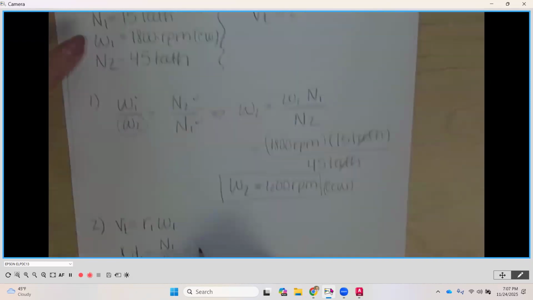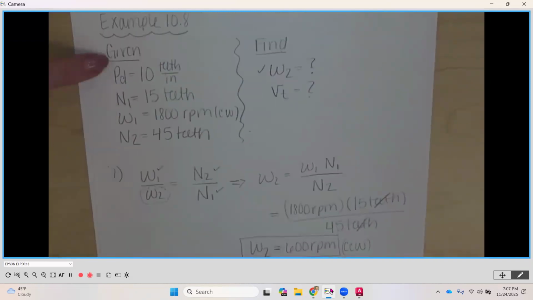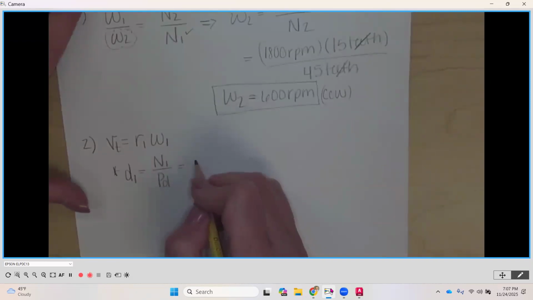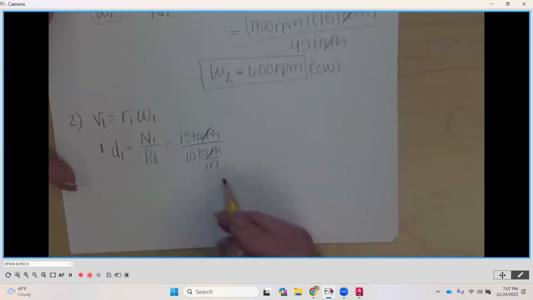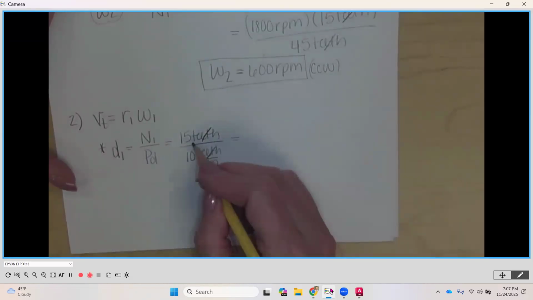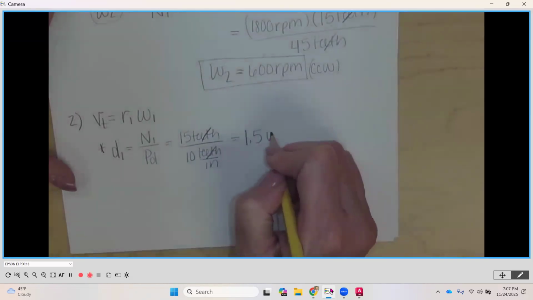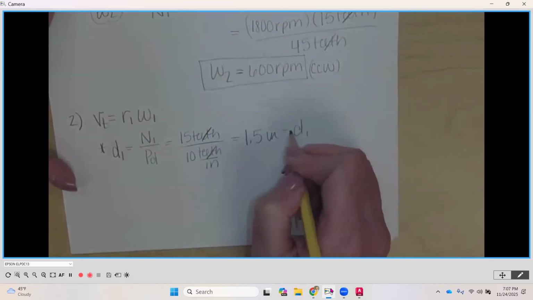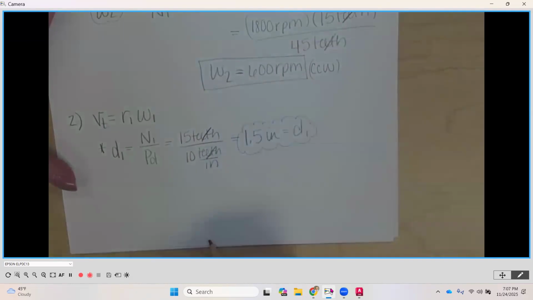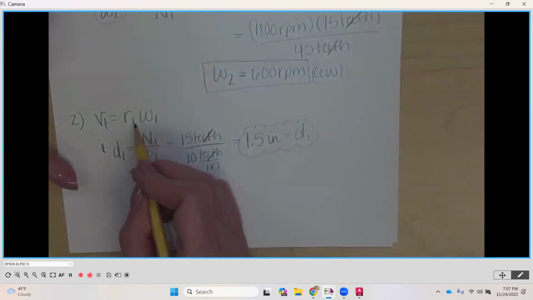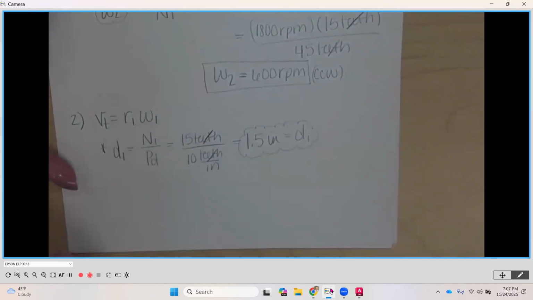That's going to be equal to 15 teeth divided by 10 teeth per inch. The teeth cancel. I'm left with inches. So my D1 is going to be 1.5 inches. This is not a final answer, but I'm going to use it to get my radius here.